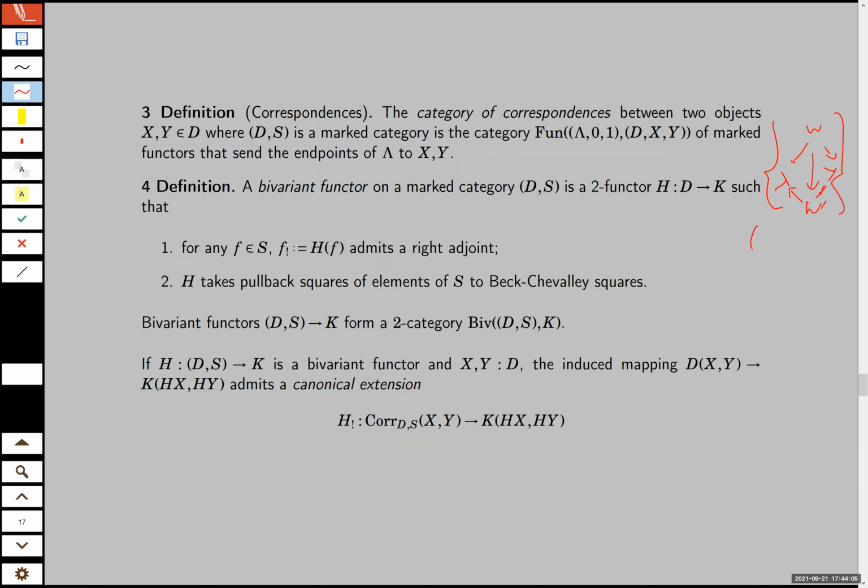So this is a map in this category I'm defining. Perhaps this terminology would have been more obvious if I gave the notation in the definition. It's this thing.